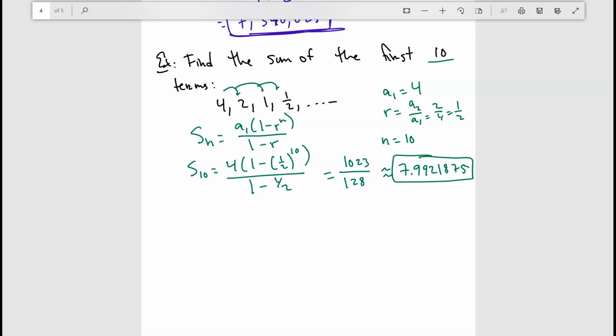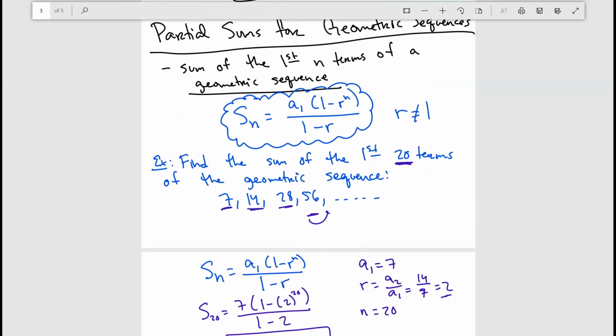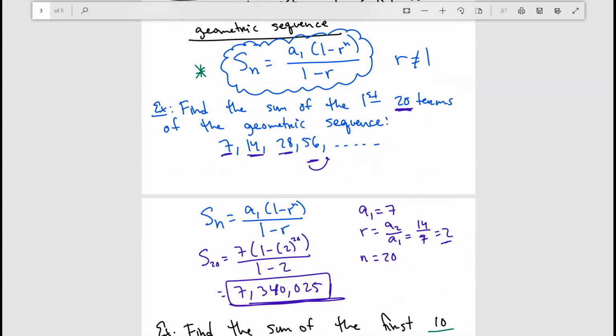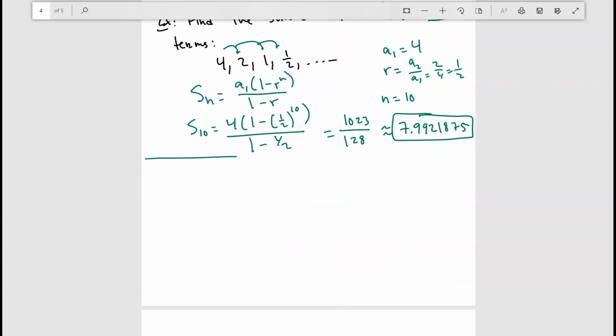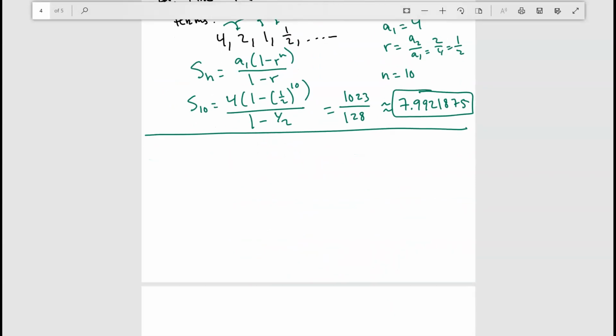So far we've been using this type of problem, but now I'm going to look at the case of different values of r.